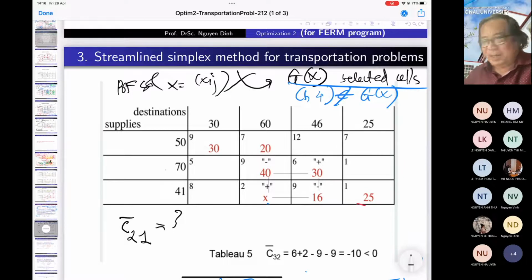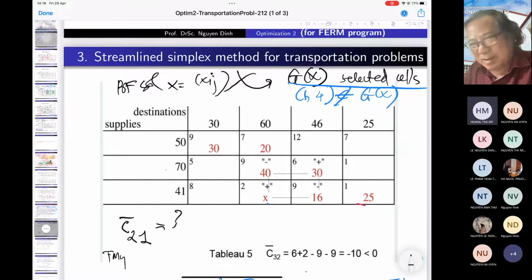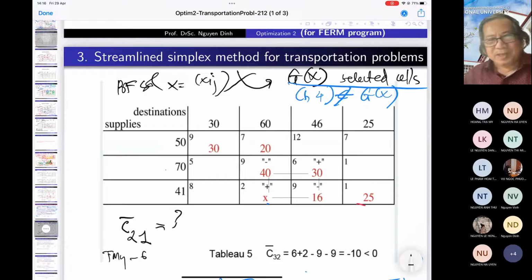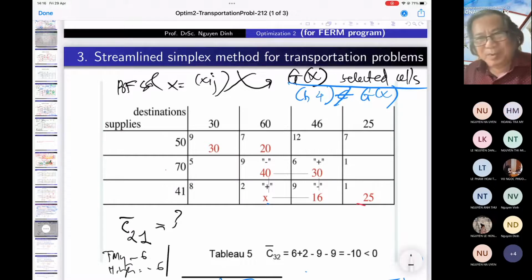Okay, Tammy. I think it's -6. Okay, another one. Thank you, Tammy. Hà Uyên. I think it's -6 too. And then one more. I think -6. Who is it? Đăng Khoa. Is that okay? Okay, Đăng Khoa, tell me.